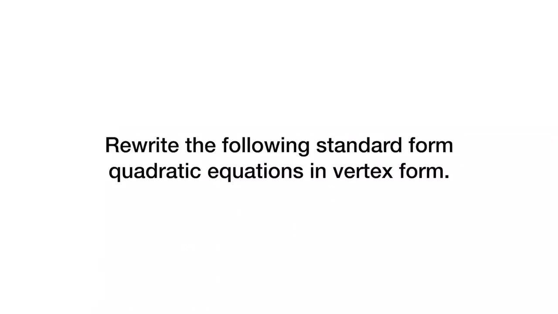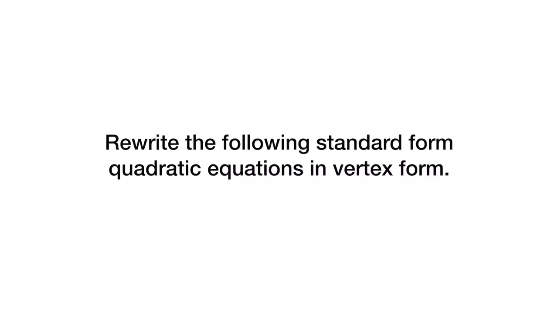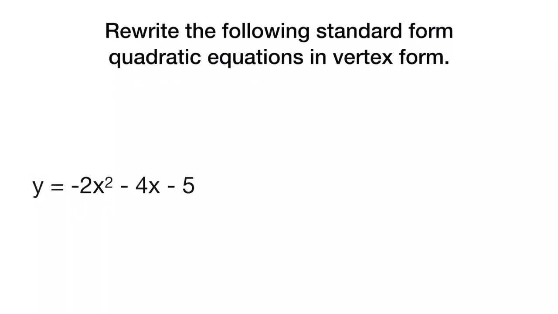All right, we're now going to rewrite the following standard form quadratic equations in vertex form. Here's our first one. y equals -2x² minus 4x minus 5. So remember, the first thing I need to remember is that x equals -b over 2a.